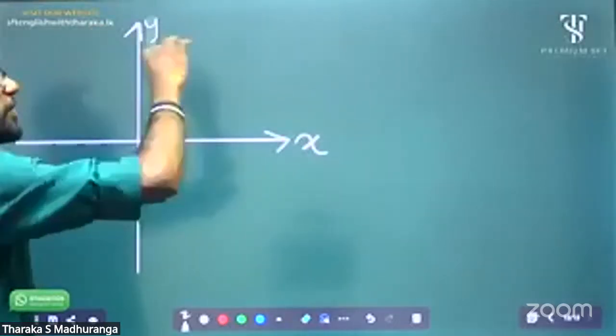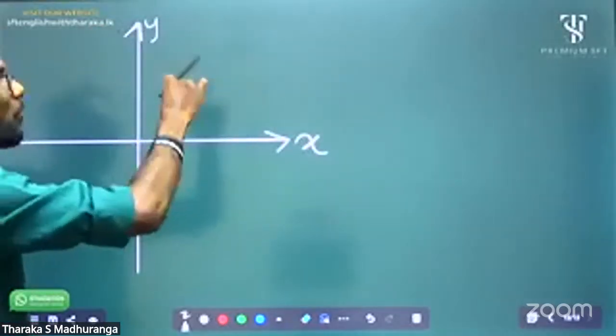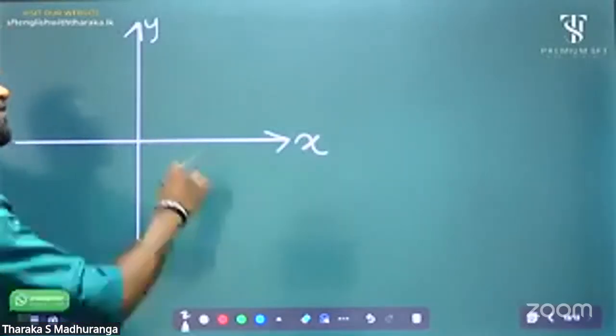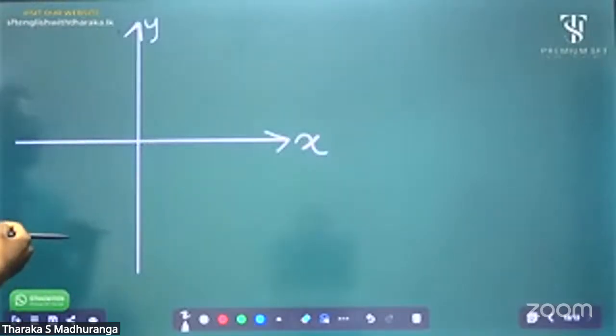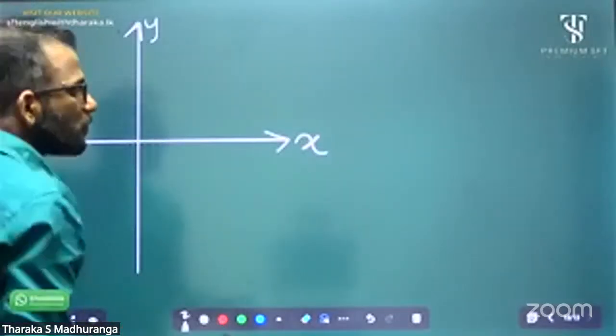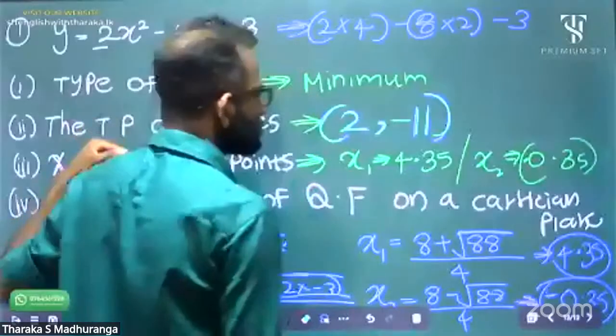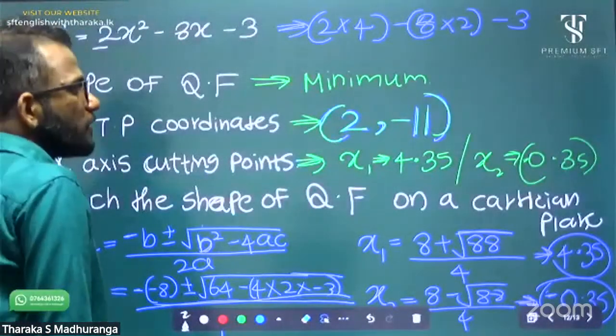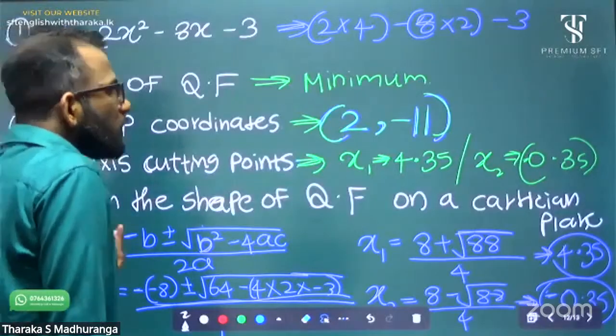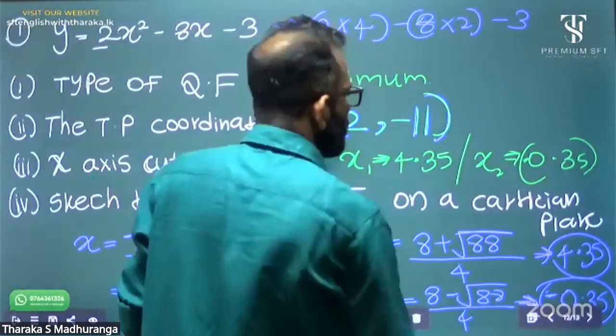Now you don't need to mark all values on the Cartesian plane because it is not a complete graph. It is a sketch diagram. First of all, you can find the turning point on the Cartesian plane. The turning point x coordinate 2, y coordinate minus 11.